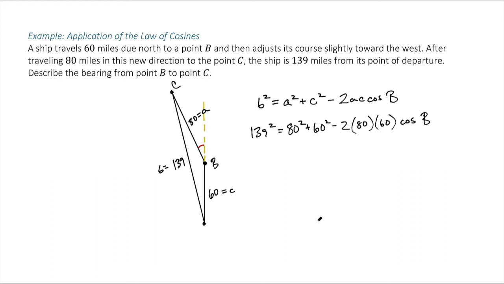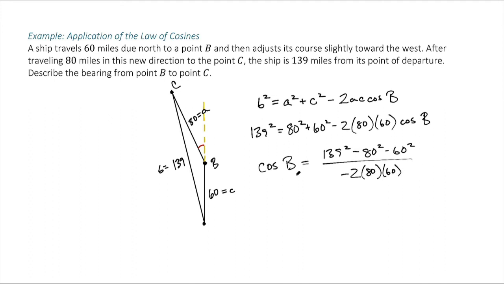So now we can solve for the cosine of B. We have 139 squared minus the 80 squared and the 60 squared, subtracting those two values there. And then we divide by negative 2 times 80 times 60.